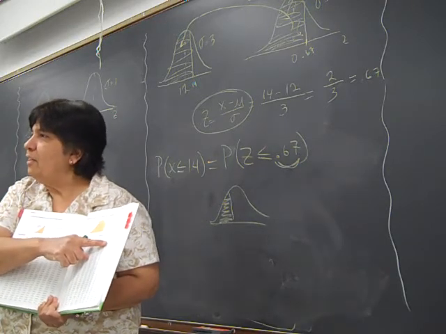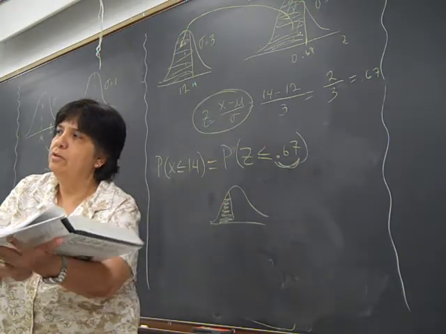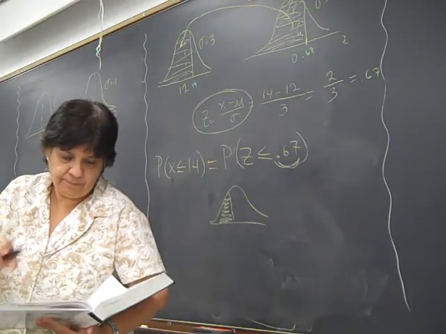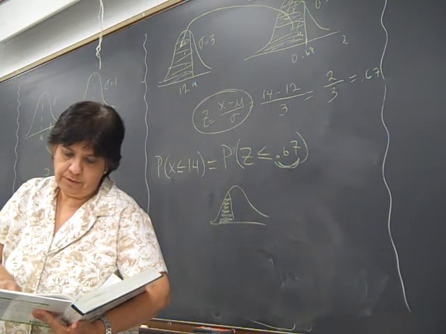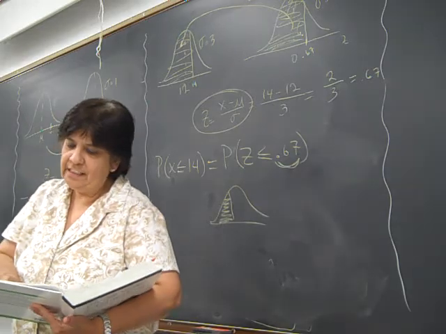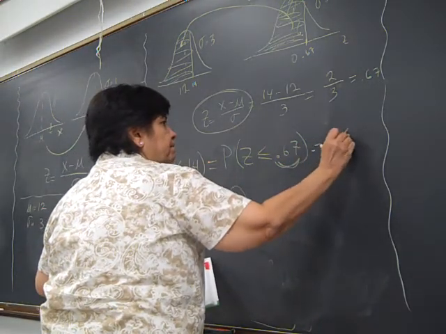And that is the probability that z is less or equal than 0.67. And that number is 0.7486.